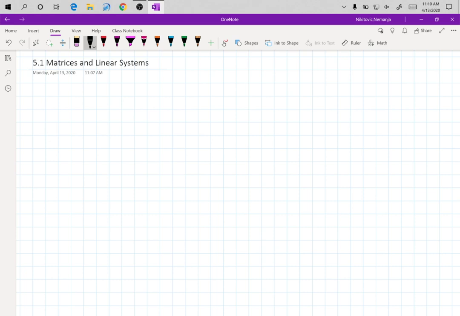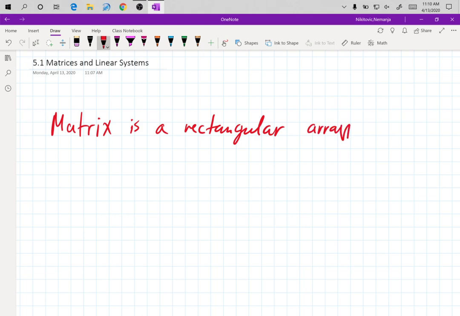So let's first see what is a matrix. A matrix is a rectangular array of numbers.